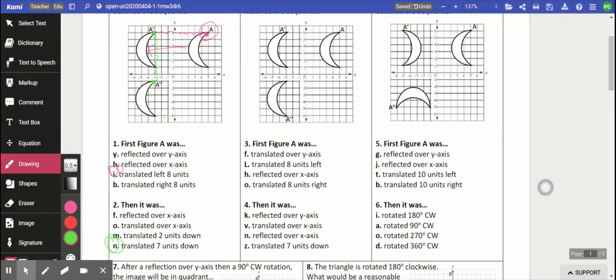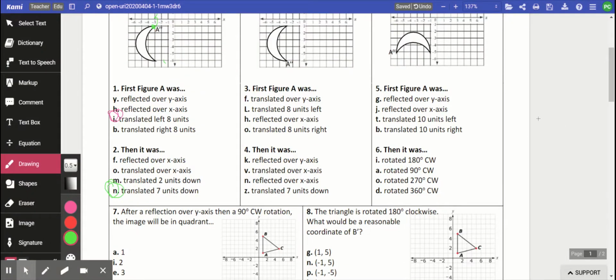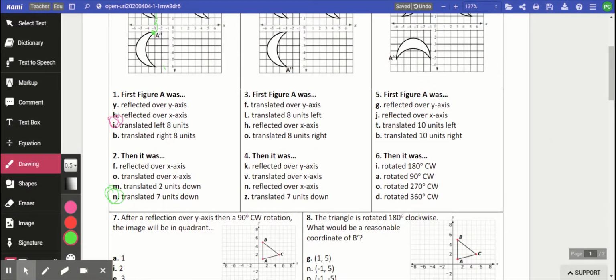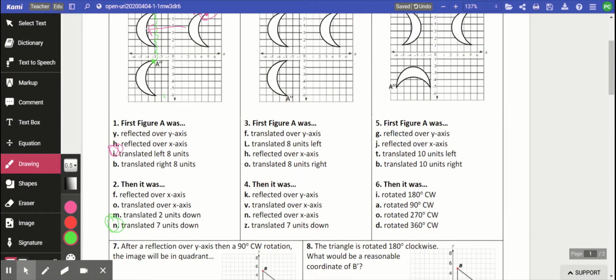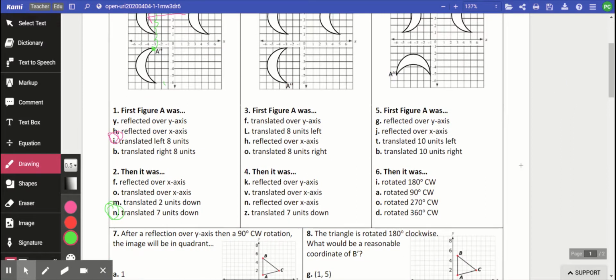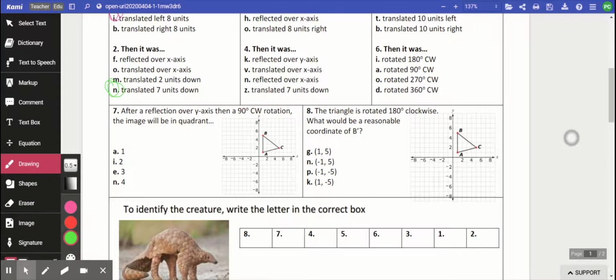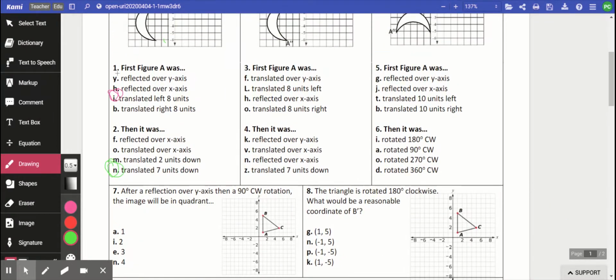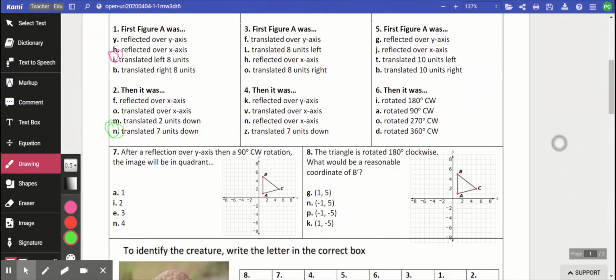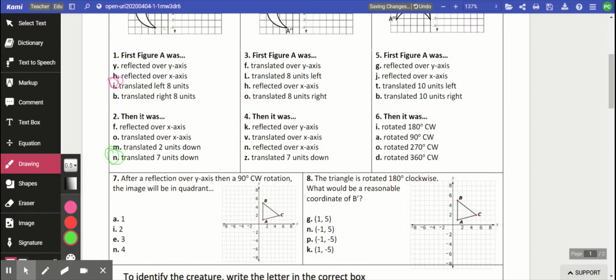So you're going to continue working on this worksheet if you need it. But what you're going to do next is not only do I want to see the answers you chose and kind of how you chose it, even if it's a little scribble scrabble drawing kind of like mine. Then what you're going to do to solve the little riddle about what animal this is, you're going to see how number 1 was the letter I. For number 1, you're going to put the letter I. You can use a text box too.